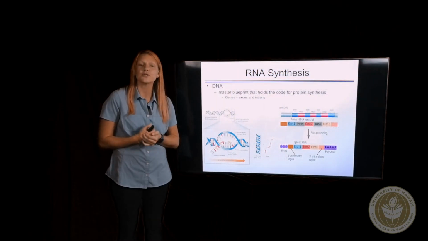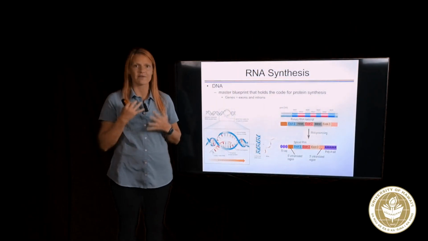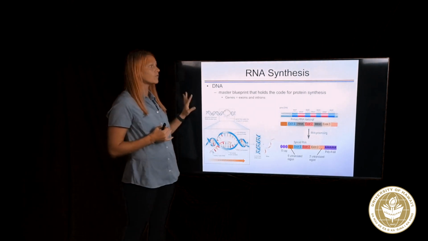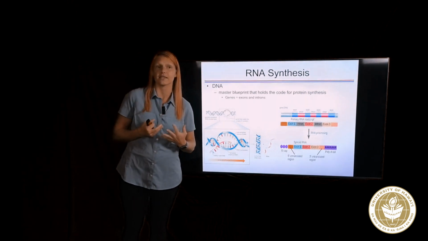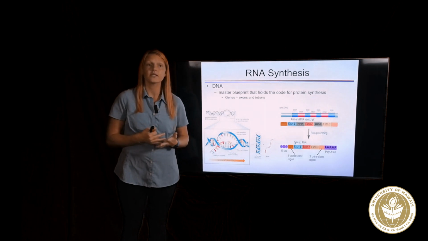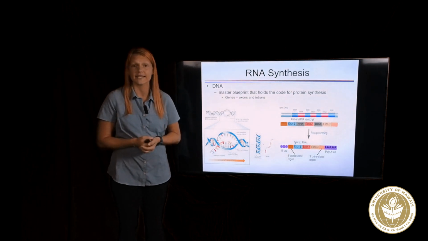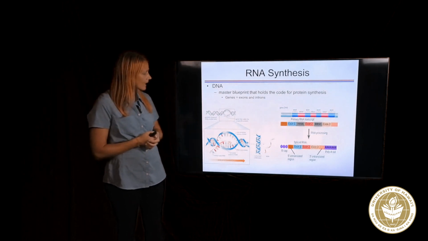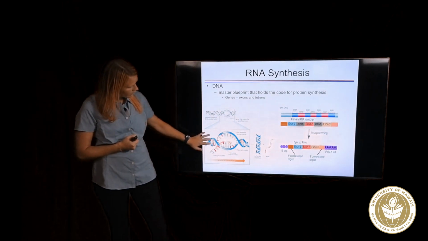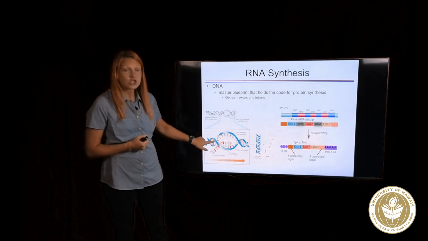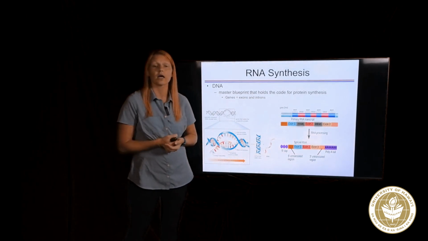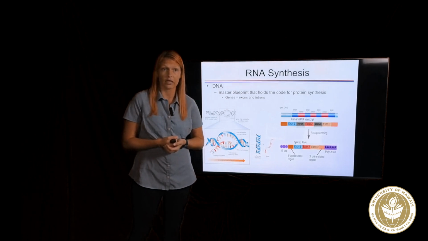So let's get back to talking about transcription. I think I gave you all the background information that you need to know about RNA in order for transcription, or RNA synthesis, to make sense. So transcription is the synthesis of mRNA from DNA. That DNA, you can see your DNA right here, is going to actually split into 2 strands, very similar to what we saw in DNA replication, right?